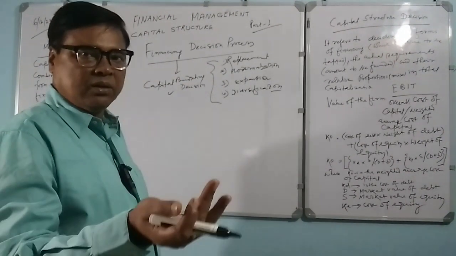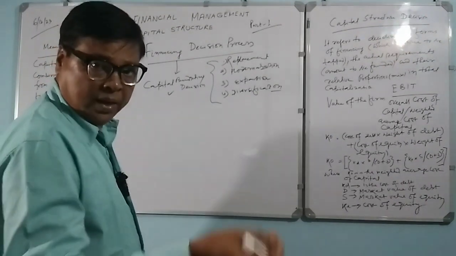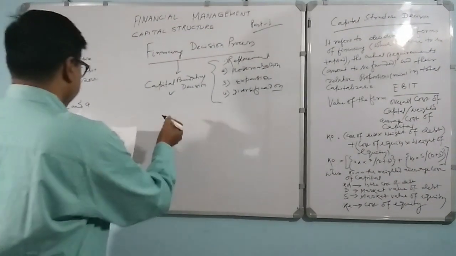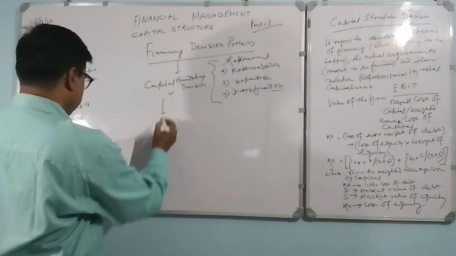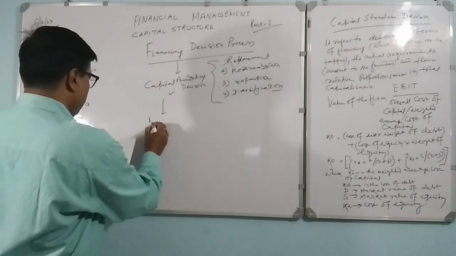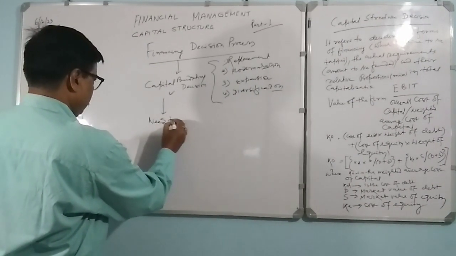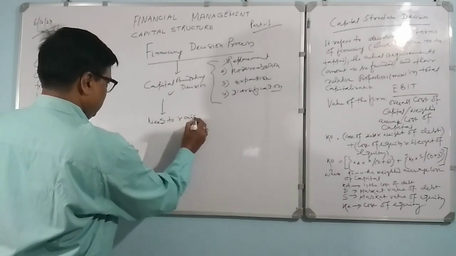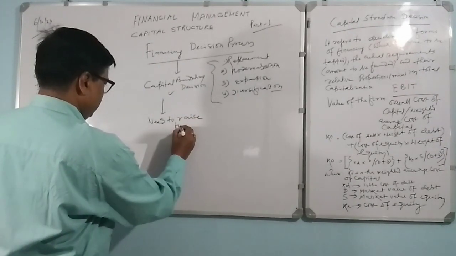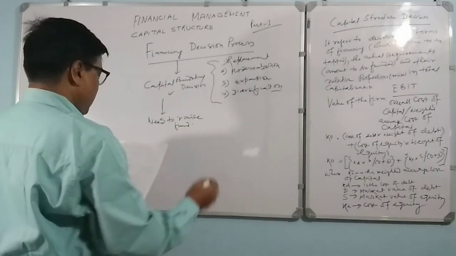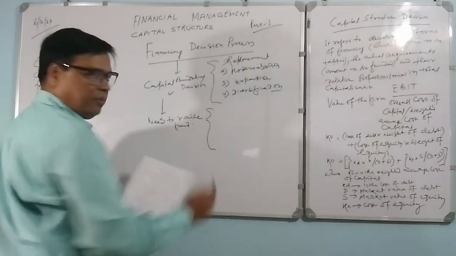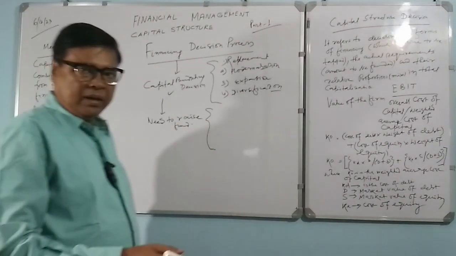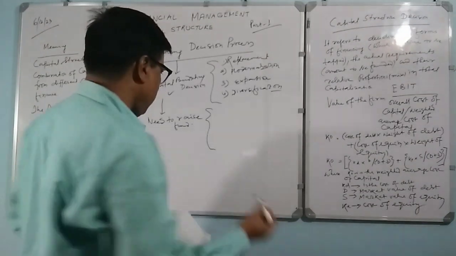We will be discussing it with examples and problems in my subsequent video lecture. Next point: after the capital budgeting decision, you need to raise funds. Why do you have to raise funds, why take funds from the market?